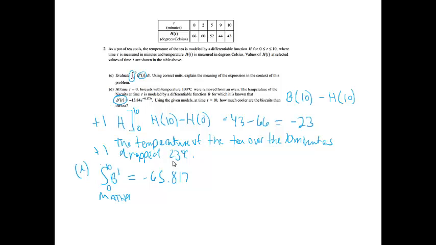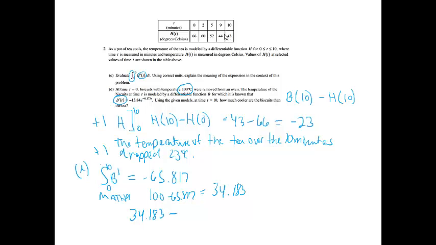Basically that's telling me how much the biscuits have cooled. They did start out at 100, so I'm going to do 100 minus 65.817. So the temperature of the biscuits at time equals 10 should be 34.183. That's the temperature of the biscuits. Now I'm going to do b of 10 minus h of 10, the temperature of the biscuits minus the temperature of the tea.